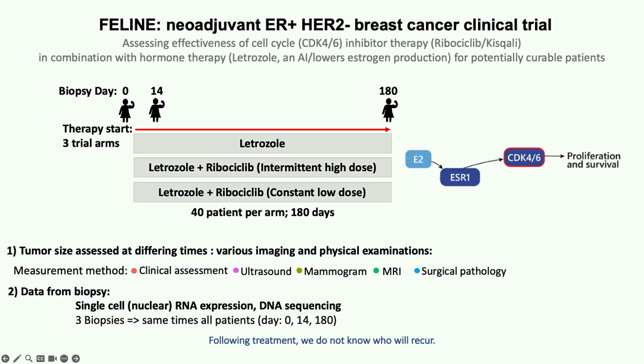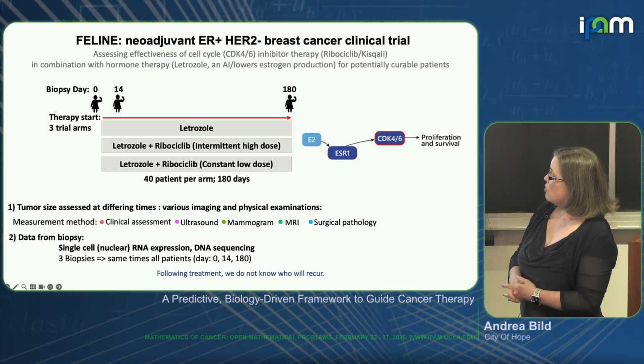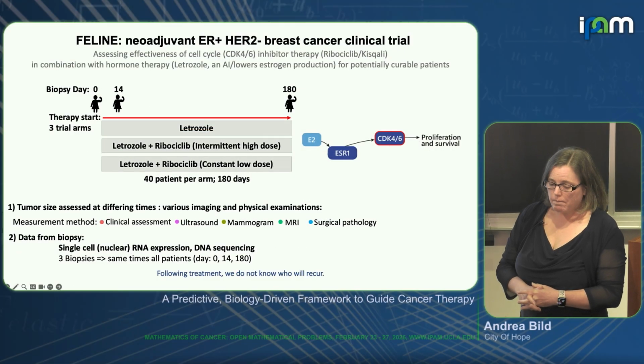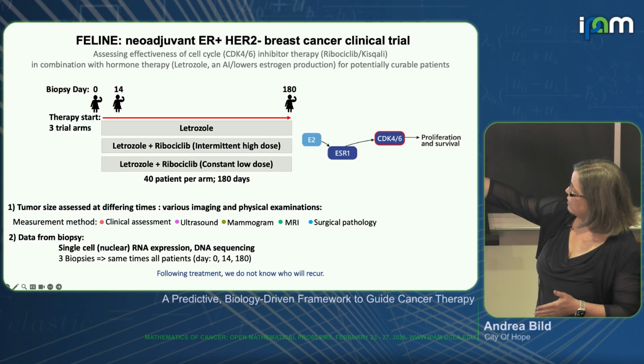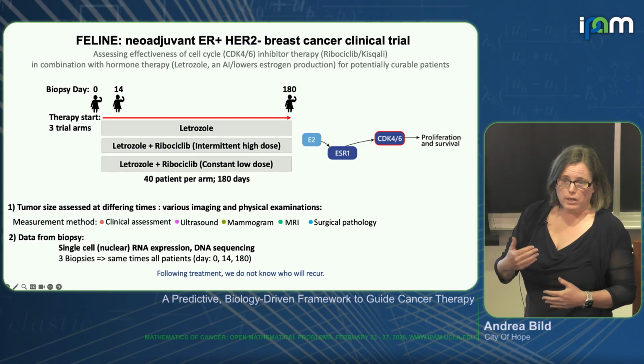Okay, so today I'll just be talking about data from a clinical trial that I was happy to work with others on, called Feline. It's actually in humans, not cats, but I don't know why they called it Feline. And this is for ER-positive, high-risk stage 2, 3 breast cancer patients. In this trial, it was a really controlled setting where patients would be enrolled on day 0, and they'd get a biopsy.